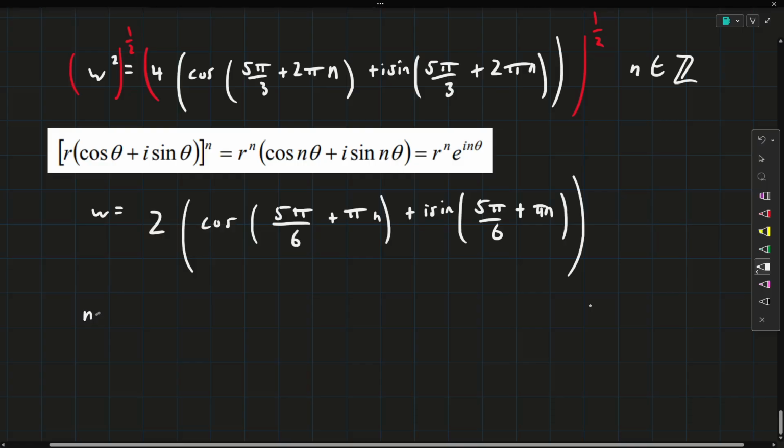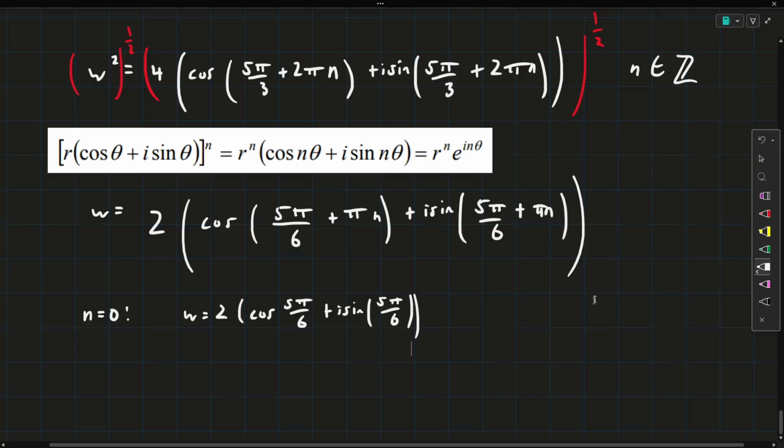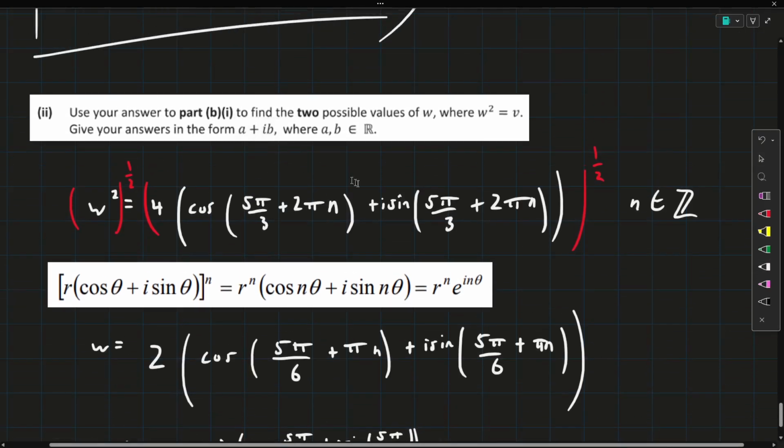So then for n equal to 0, which is one answer, we get that w will be 2 times cos of 5 pi over 6 plus i sine of 5 pi over 6. And you will have to get a number on that, because they want their answers in the form a plus bi.